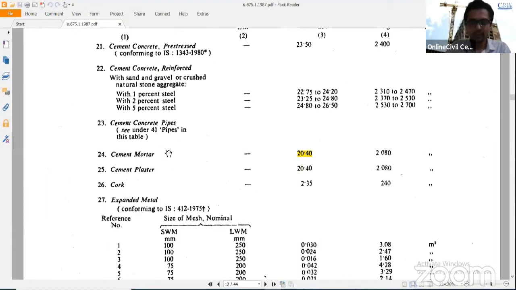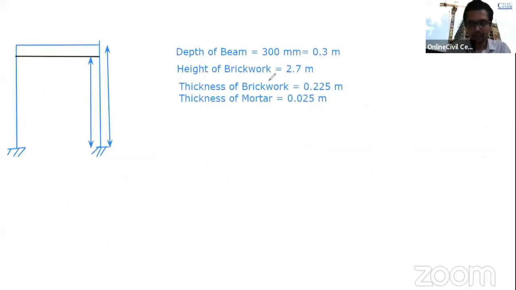This unit weight of cement mortar we got from here, and earlier we got the unit weight of bricks. So we'll just use these two values to calculate. Go back to our whiteboard. Now we'll write the values which we have found as per IS 875 part 1.